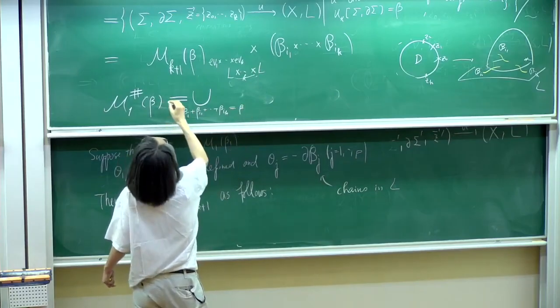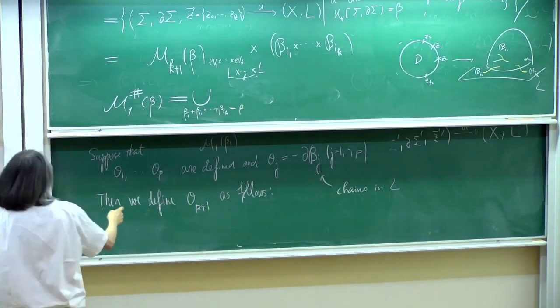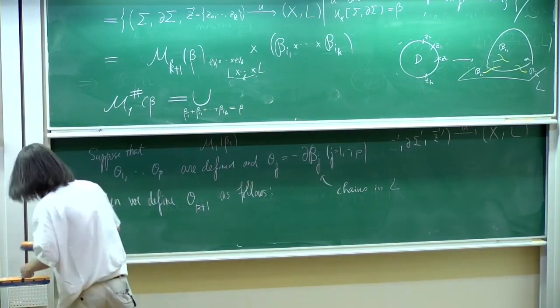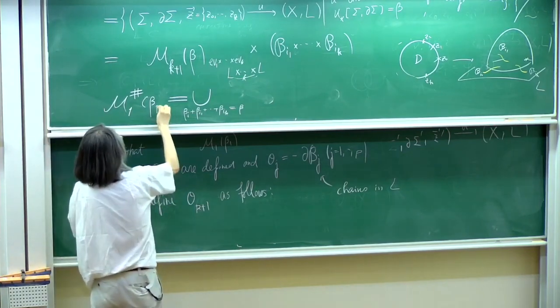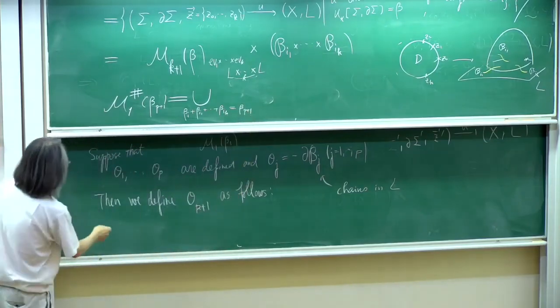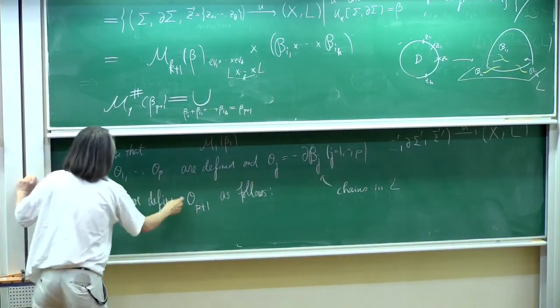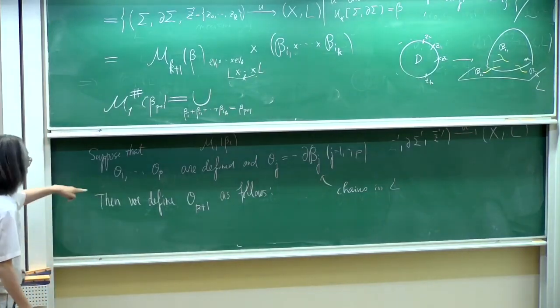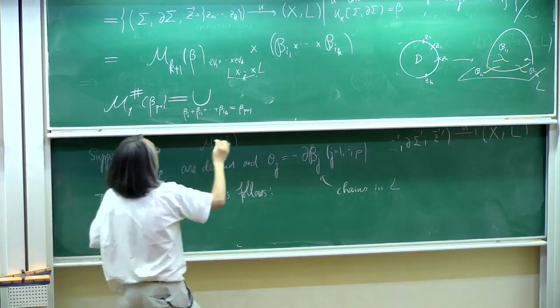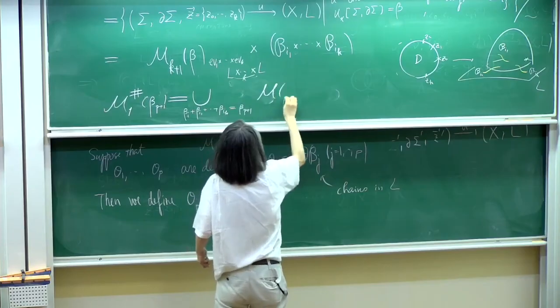Sorry, I'm talking about beta_{P+1}. I have already defined O_1 to O_P and now try to define O_{P+1}. For this, somehow we want to consider something like this, but not exactly M(beta_{P+1}). So this is a kind of extended object, and here it is.